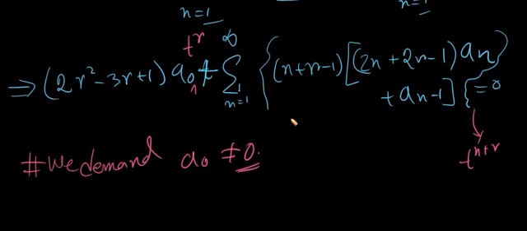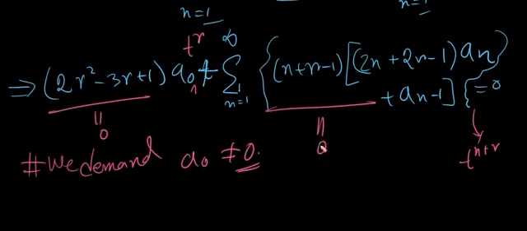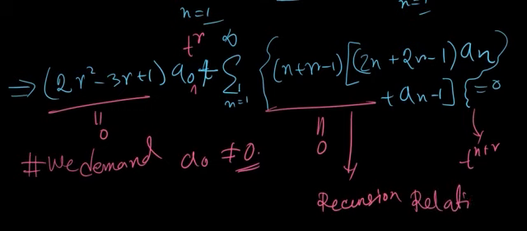So that's the idea. Now we demand this a naught, or a0, to be not 0. I mean a0 is not equals to 0, and this gives us, because we are considering this part will be 0 and this part will also be 0, this part will give us the recursion relation, and this part will give us the roots.